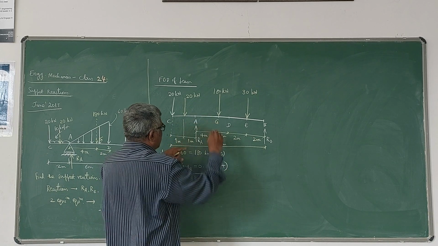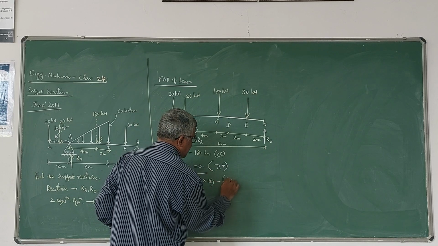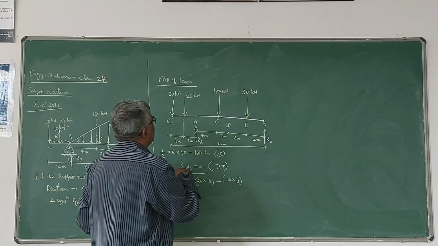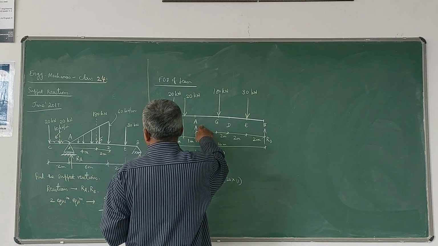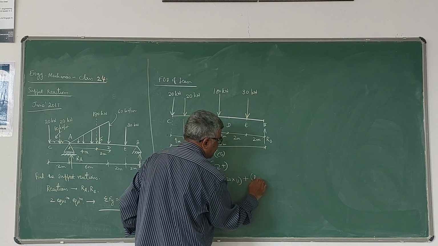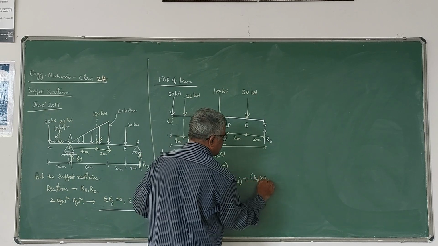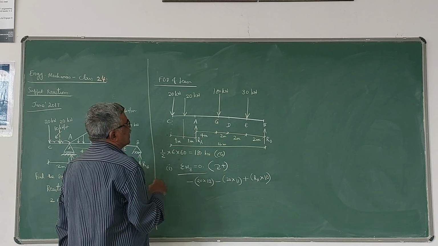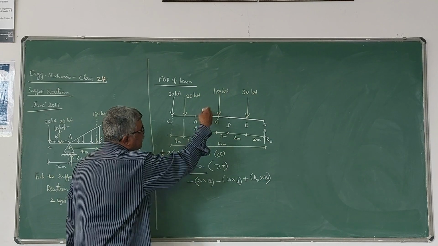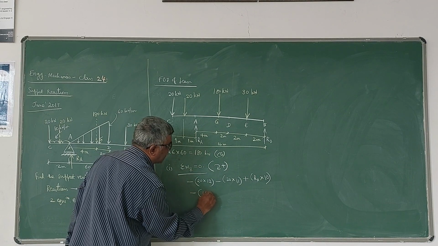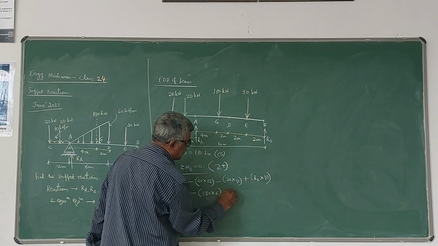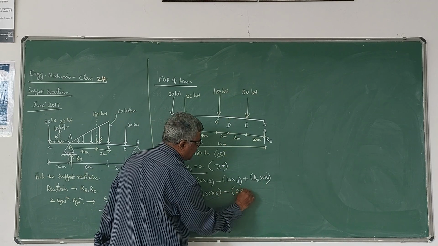Then this 20 kilonewton is also giving anti-clockwise moment, minus 20 into the distance, 11 meters from B. You have to take distance from B. Then you have RA, which is giving a clockwise moment, so plus RA into 10 meters from B. Then the load acting at G centroid, that is 180, giving anti-clockwise moment, minus 180 multiplied by the distance of 6 meters. Then 30 kilonewton is also giving anti-clockwise moment, minus 30 into 2 meters.